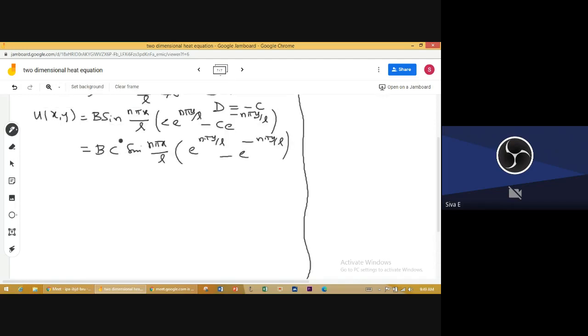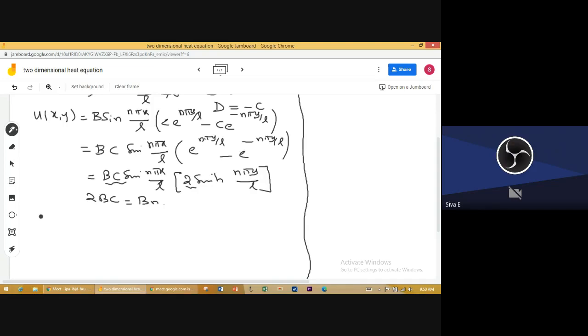So here we can write b c sin n pi x by l into 2 sinh n pi y by l. So here b c is there, 2 is there. We can take 2bc equal to some Bn.